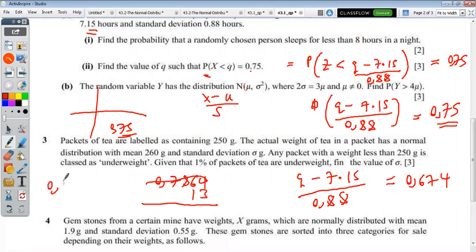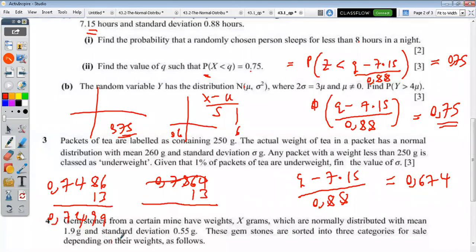So it's 0.486, like this. You go to the column on 0.6 here, then you go to the 6 here, you find this value here. Then if you go to the extra digit on 4 there, you are adding 13, so this will be 9, 4, 7. It's very close to 0.75. So that's why I'm using this value here, 0.674.